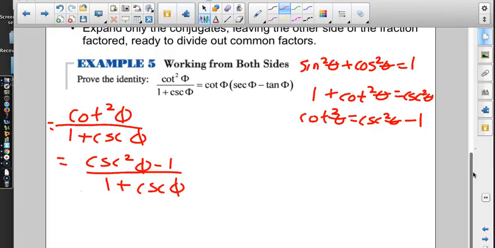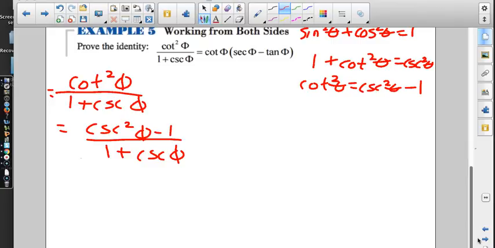Cosecant squared phi minus 1. That's a difference of two squares. If I factor that, I should be able to get one of these to cancel out. Let's factor that.